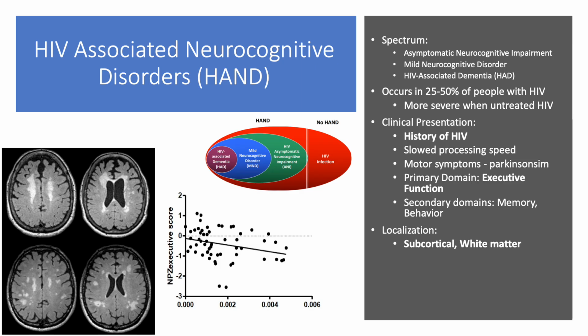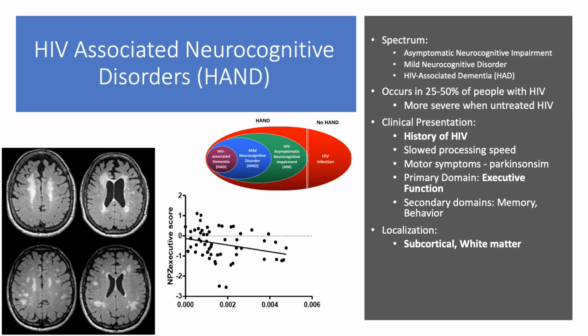So patients, whether on treatment or off treatment, will over time present with some degree of HIV-associated neurocognitive disorders. Obviously, if you are not on treatment, the progression and the severity of your cognitive dysfunction can be expected to be much higher. So always think about HIV as a cause of neurocognitive dysfunction.